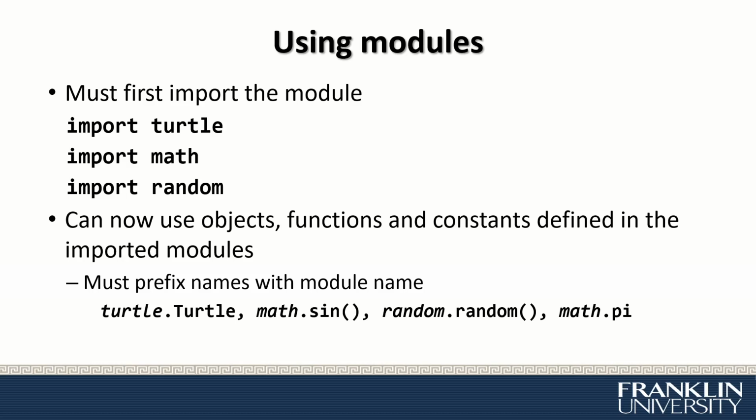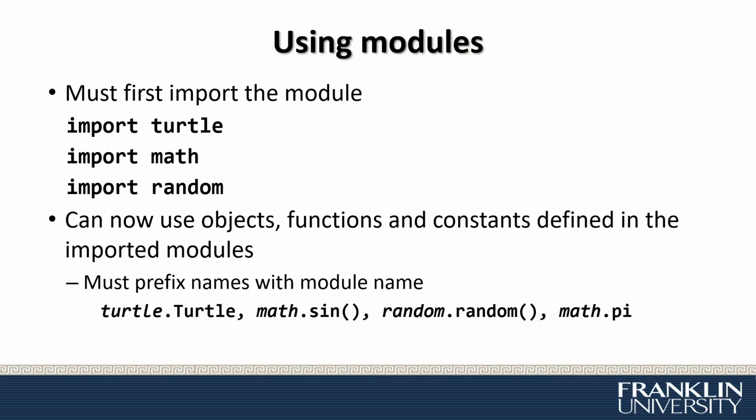So in order to use a module, the module first has to be imported. We have seen import turtle in the previous lectures. So import turtle, import math, and import random. We put the import statement at the beginning of the file, and this is a coding standard that people like to follow.